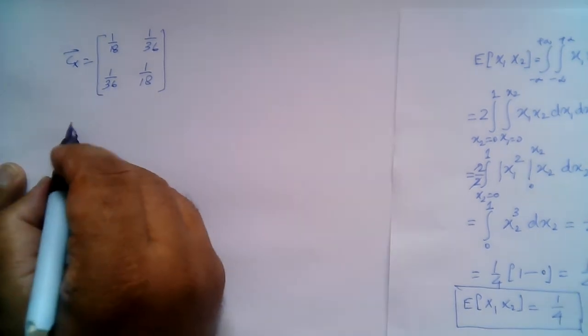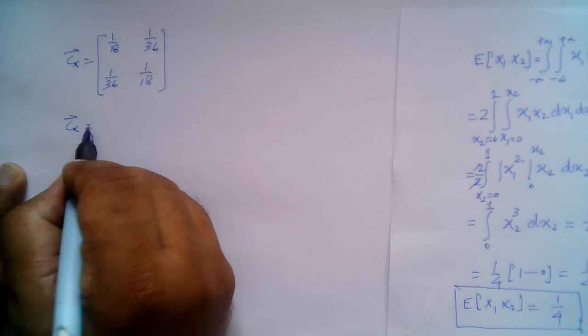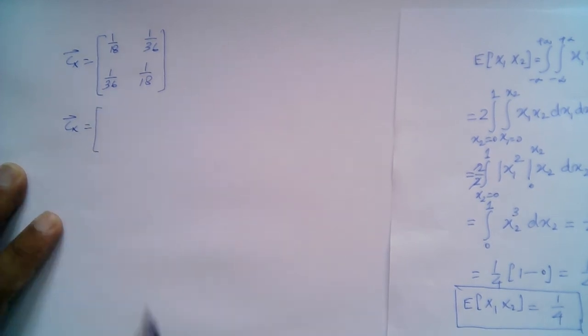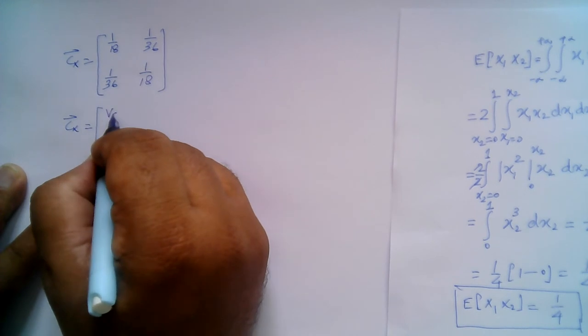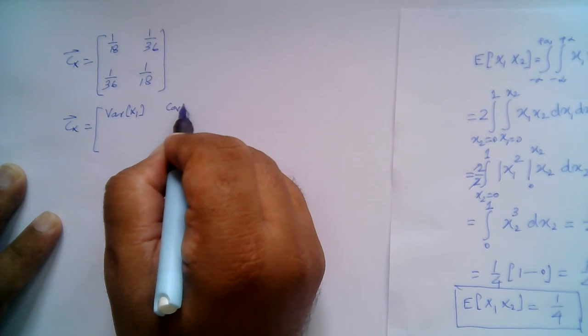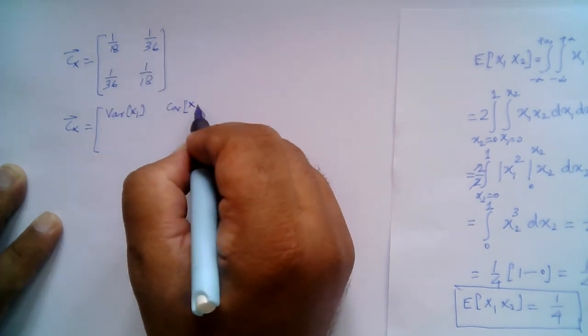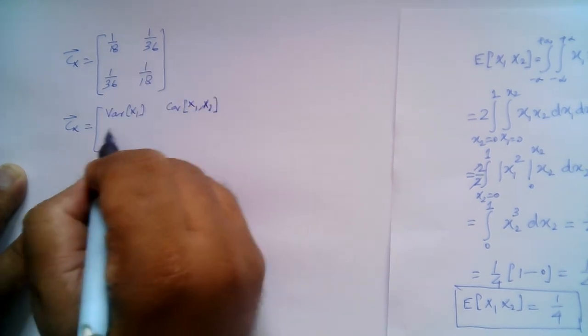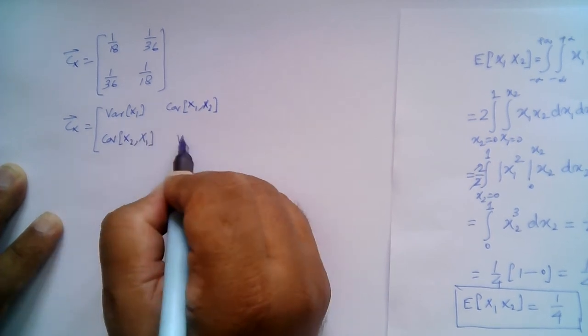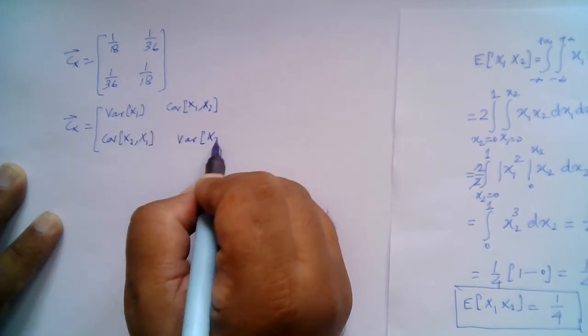So we also know that for a two-element random vector, the diagonal entries are variances. This is variance of x1, this second entry is the covariance of x1, x2, this is the covariance of x2, x1, and this is the variance of x2 here.